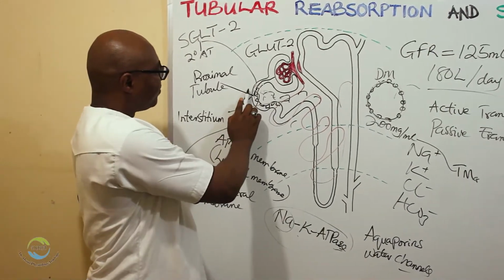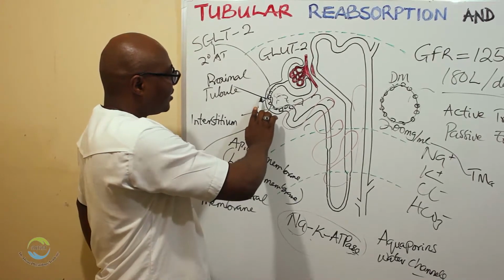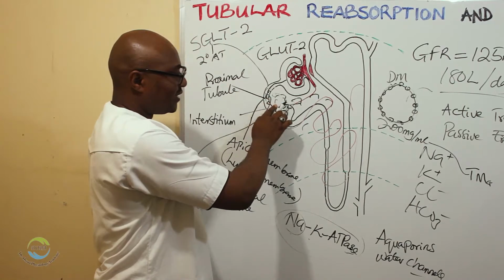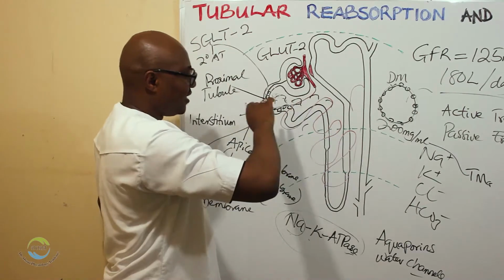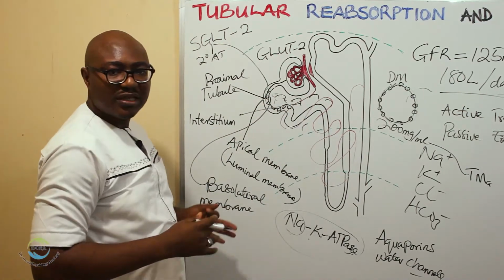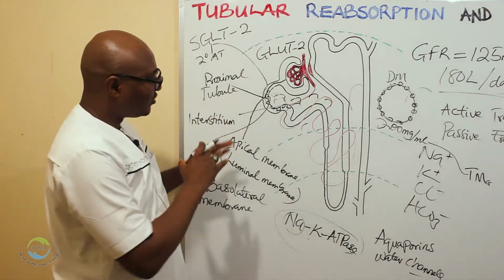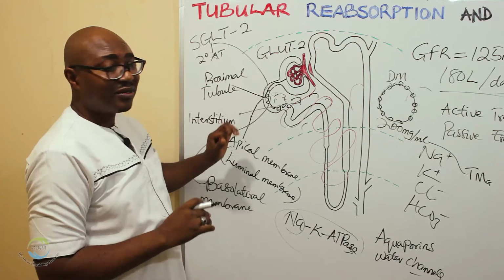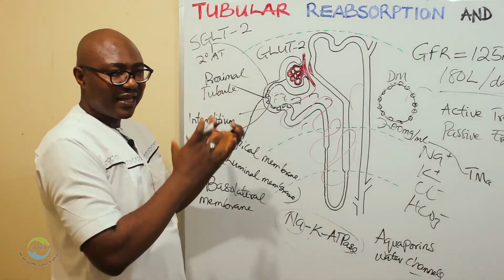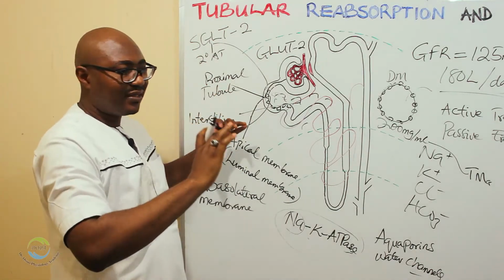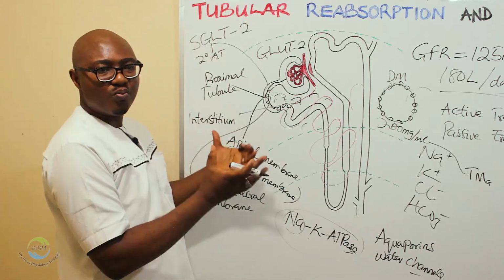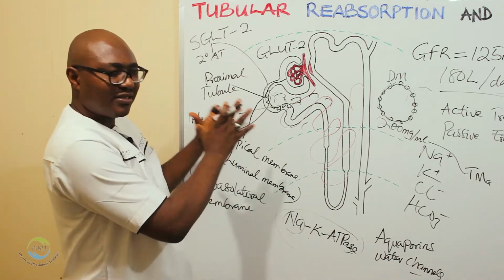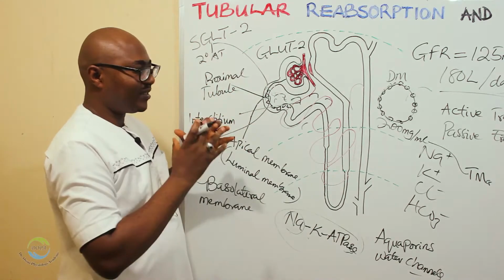So the water from this place through osmosis enters into the interstitial fluid and enters into the bloodstream. About 60% of water is reabsorbed. And that's because, remember, this proximal tubule has microvilli, the brush border. That's why it reabsorbs so much of both water and solutes. About 60% of water, 60% of solutes.